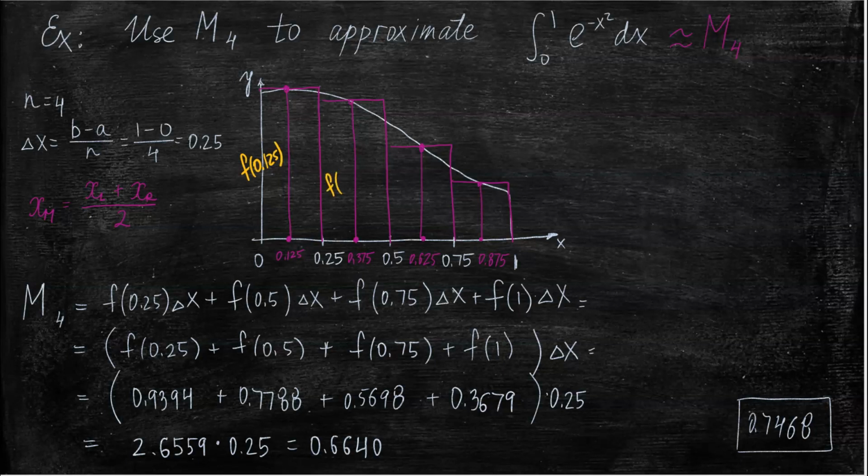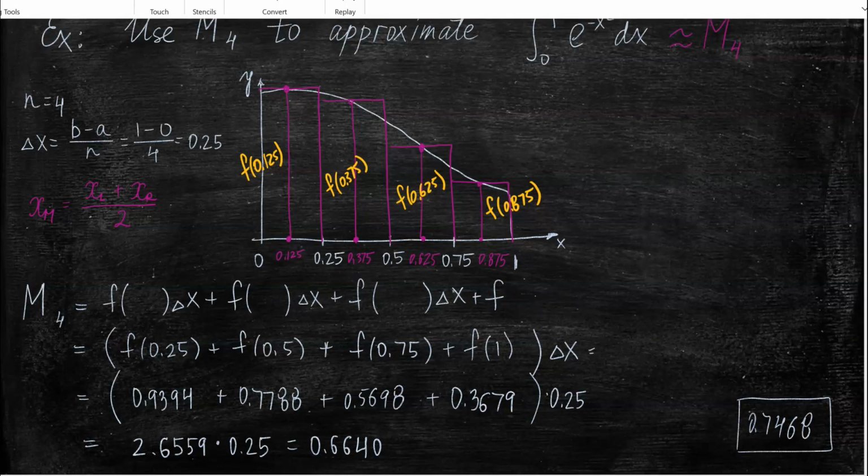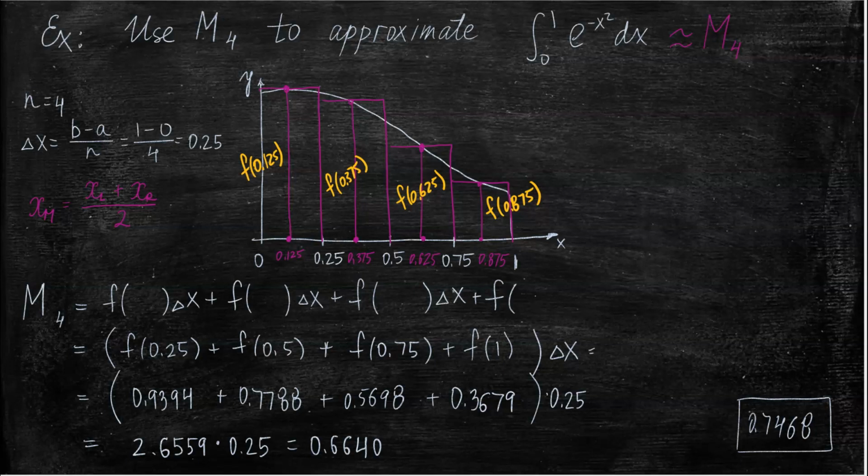The second one will be the output of the function at 0.375. The third one will be the output of the function at 0.625. The last one will be the output of the function at 0.875. And therefore, to find M4, we're going to compute these 4 areas using the new heights.